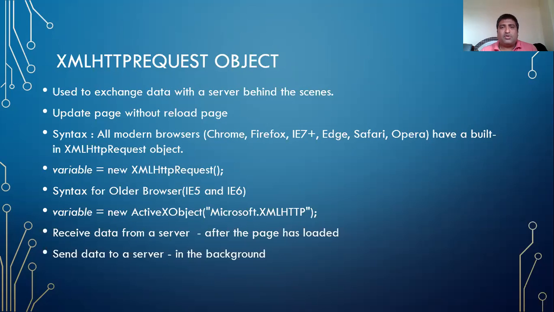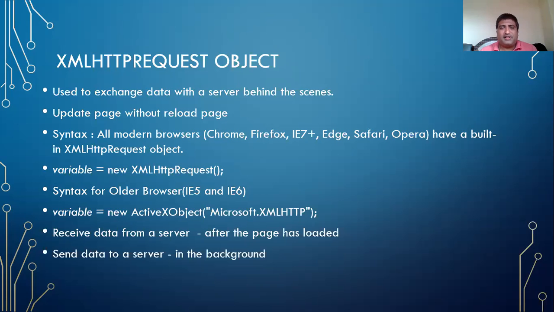The syntax to create an XMLHttpRequest for advanced browsers that we currently use, for example Chrome, Firefox, Internet Explorer 7, Edge, Safari, Opera, etc., is to create the object simply with new XMLHttpRequest and assign it to an object variable.